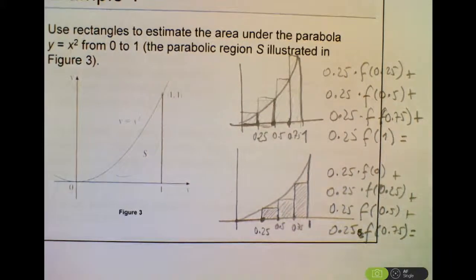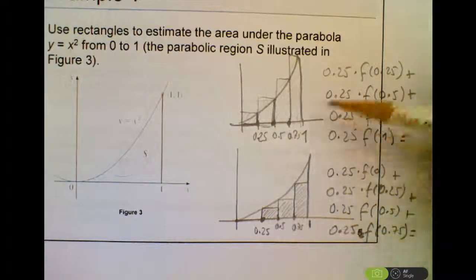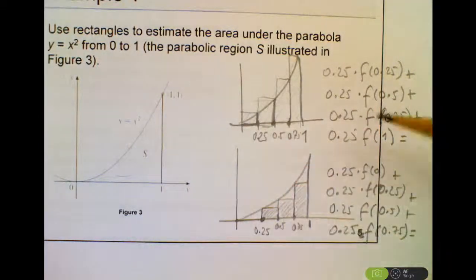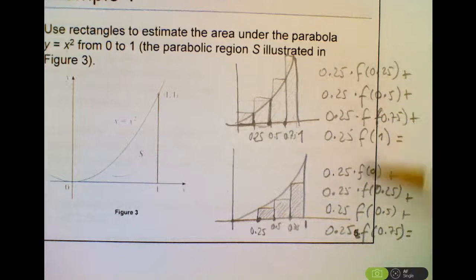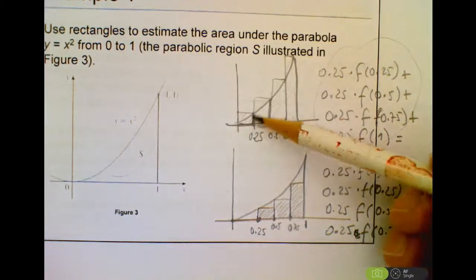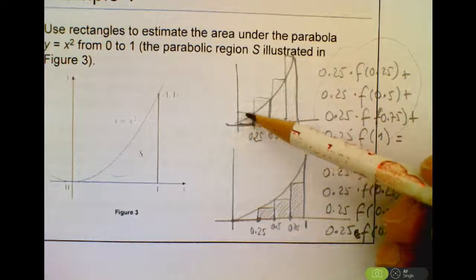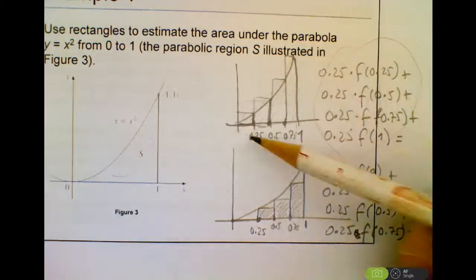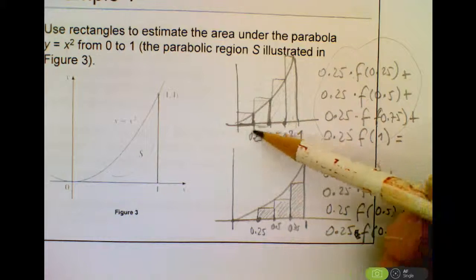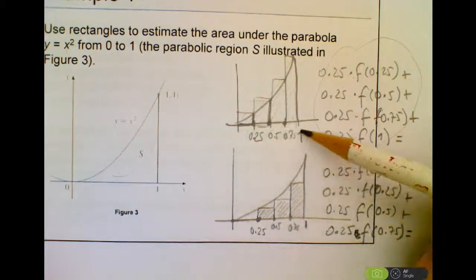So let's just compare the two different ways that I have to find an estimate on the area under this function. If you compare one by one, you can see that in this case, when I'm using the right end of this rectangle as the height, I'm using the right end of each interval. I'm using 0.25, 0.5, 0.75, 1.